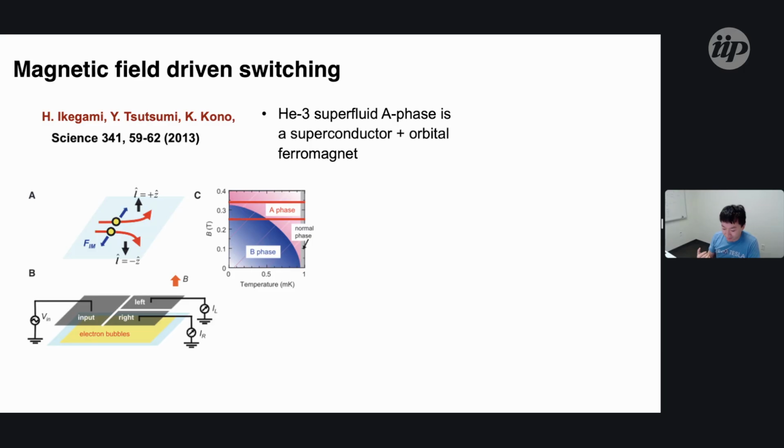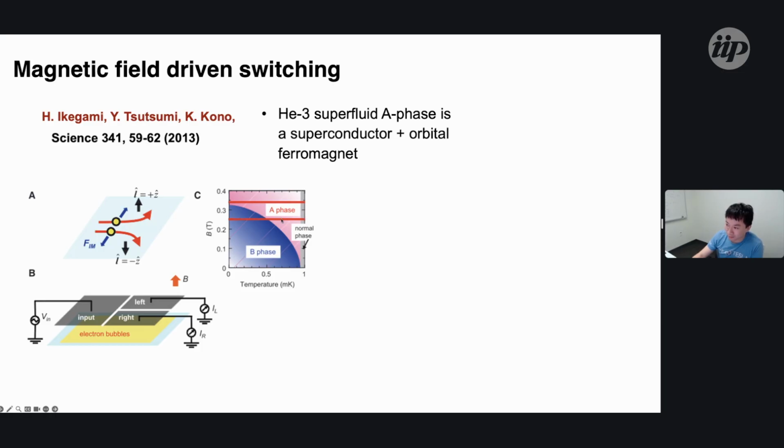And when you take away the magnetic field, there still will be a magnetic force because of this magnetization of the superfluid itself. So when you move a helium-3 bubble on this 2D plane, you will feel the Lorentz force and bend leftwards or rightwards. This is exactly the experiment they did.